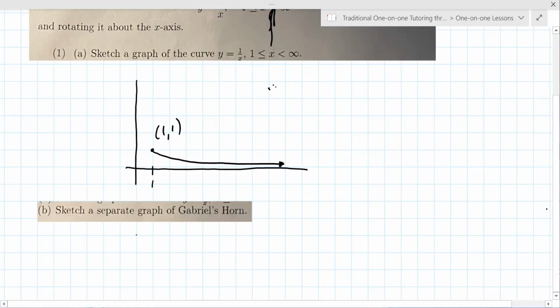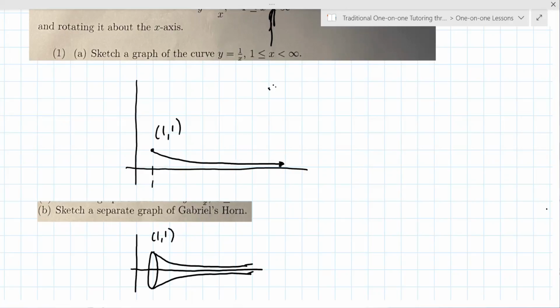When I see something like this, it's going to have kind of a disc here that goes like that, and then it's got this kind of shape to it. And that's my attempt at a Gabriel's horn. Okay. Oh, okay, I see what you mean.